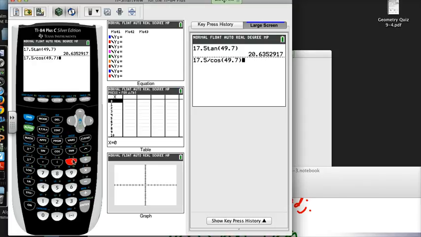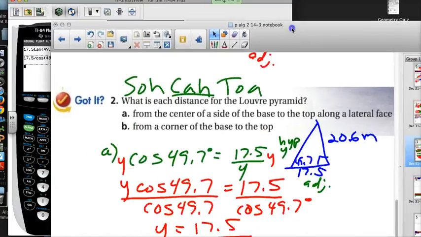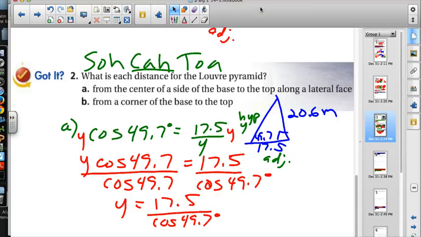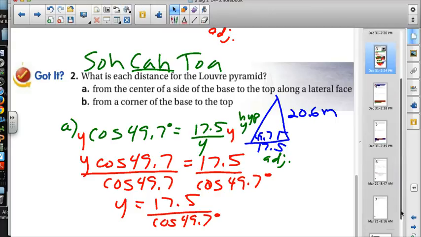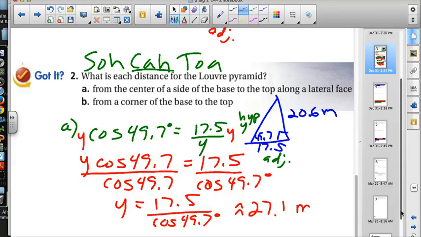And important this time to finish off, although it's important every time, those parentheses so the calculator knows, hey, there's no more math coming here. Just take 17.5 divided by the cosine of 49.7 degrees. And that will be 27.1 meters. All right, so far, so good.